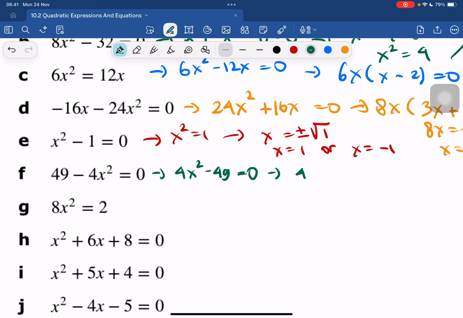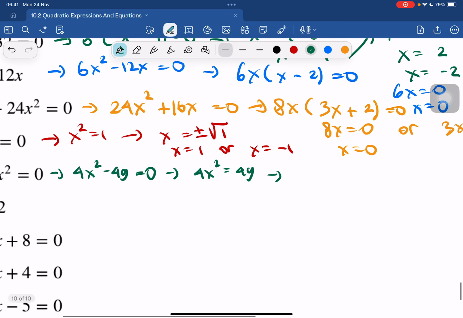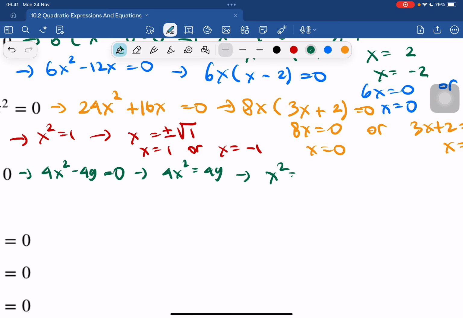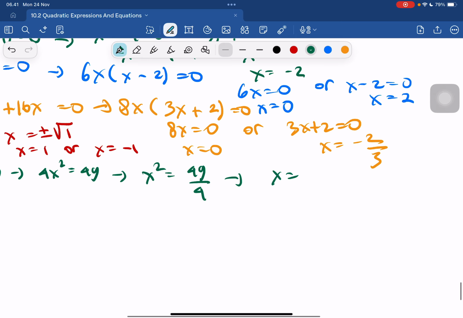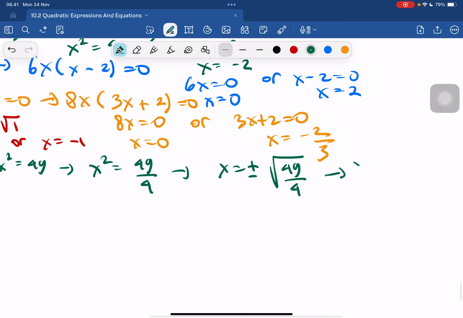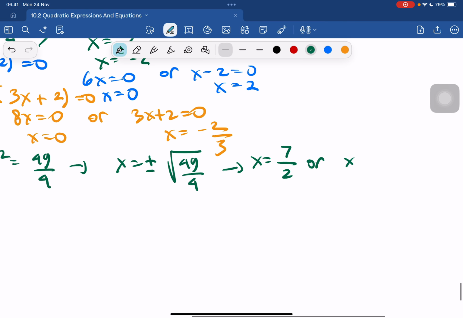So 4x squared equals 49, or x squared equals 49 over 4. Then just take the square root. So x equals plus and minus the square root of 49 over 4. So the first x is the square root of 49, which is 7 over 2, or x equals negative 7 over 2.